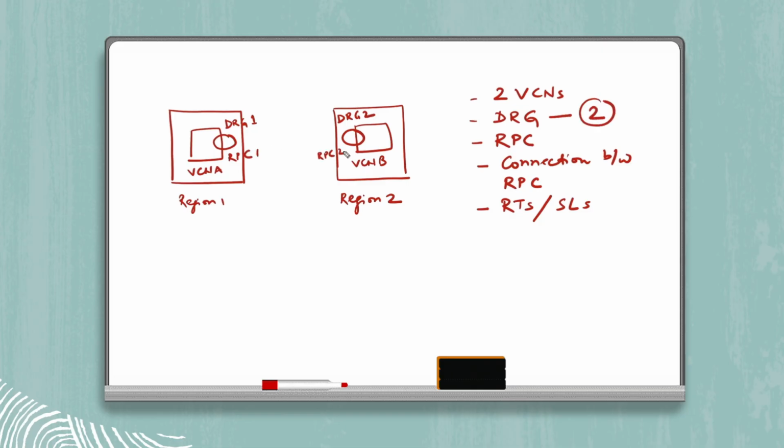And then you also need a remote peering connection, RPC1 and RPC2, on each DRG in the peering relationship. And then you need a connection between those two remote peering connections. So this is how it looks like. So let's now go to the slide deck and reinforce the concepts that we have learned.